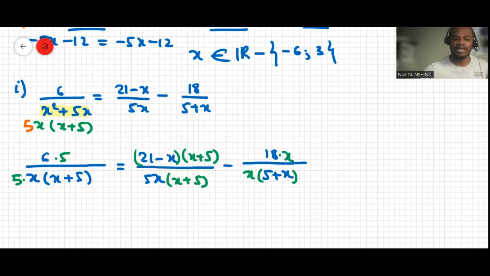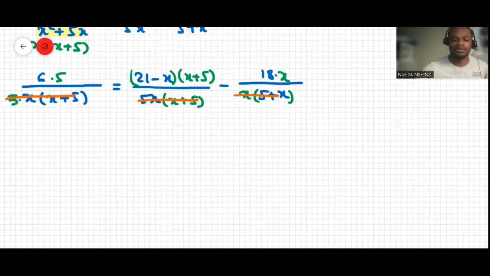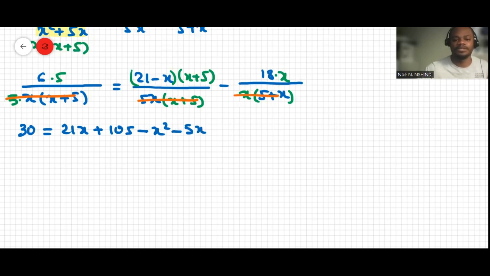Now the denominators are common. We can just drop the denominators. And then this will be 5 times 6 times 5, that makes 30, equal to 21 times x, 21x. 21 times 5 makes 105. Negative x times negative x squared, and then that makes negative 5x minus 18x.